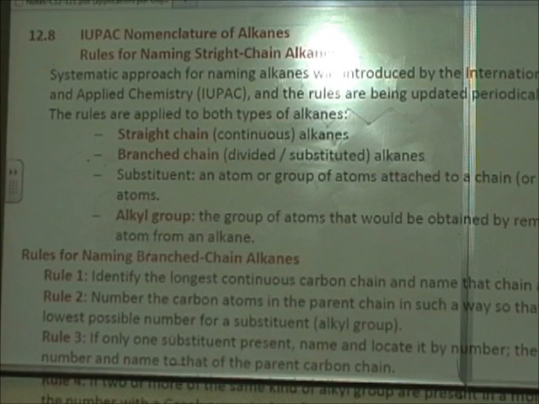Ethyl, eth means two carbon. Propyl, butyl, pentyl. If you have a series of hydrocarbons and you take out a hydrogen from each one, it becomes an alkyl group that could be a substituent sticking onto another long chain.